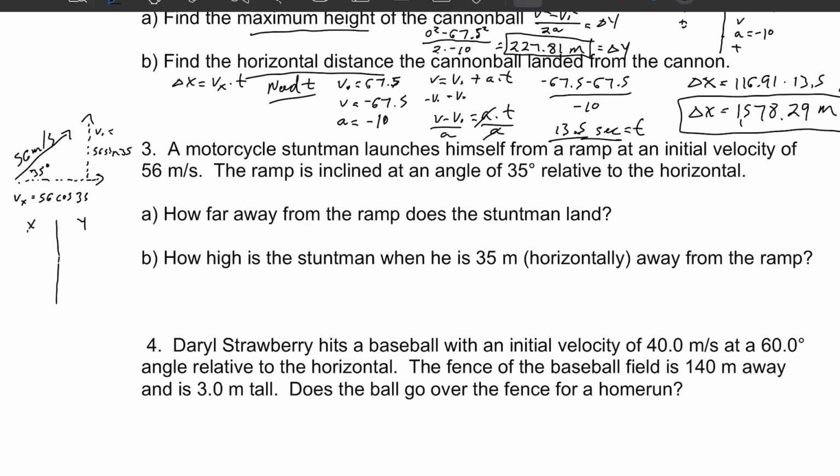On the left side for x, we have delta x, Vx, and t. On the right side, we have delta y, V naught, V, a, and t. And then we'll just calculate the 56 cosine 35. I get 45.87, and 56 sine 35, I get 32.12.